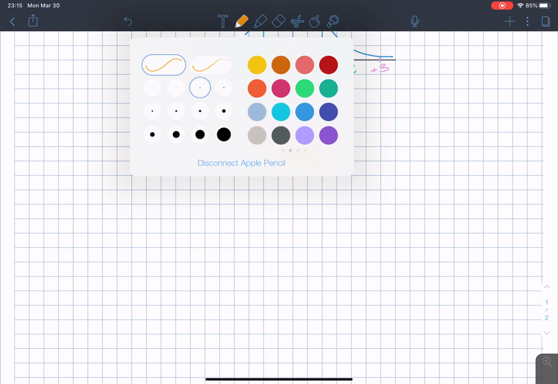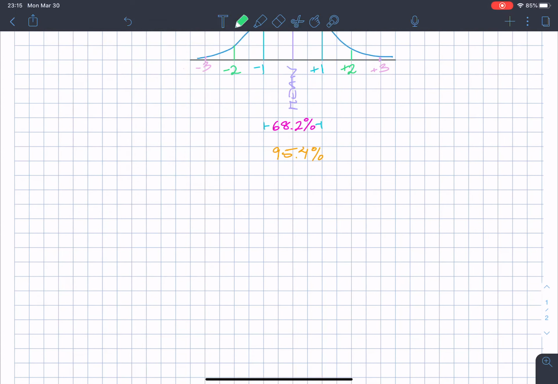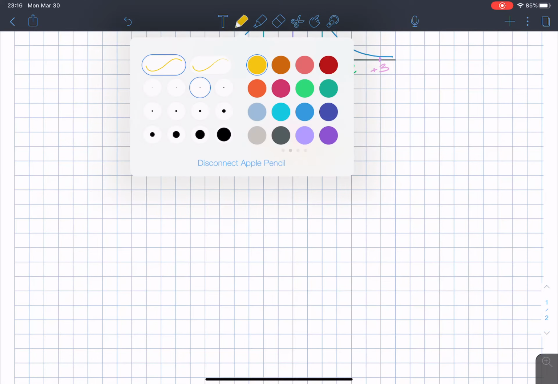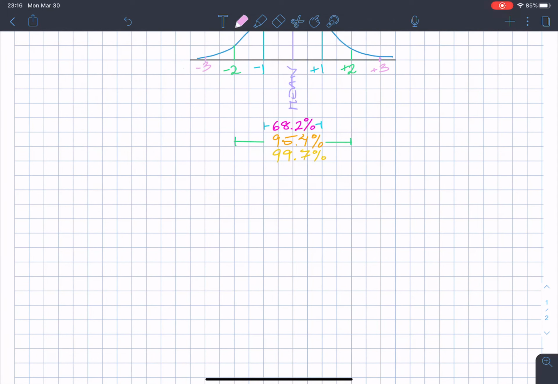And if we go out 3 standard deviations, that's 99.7% of the data within 3 standard deviations of the mean.